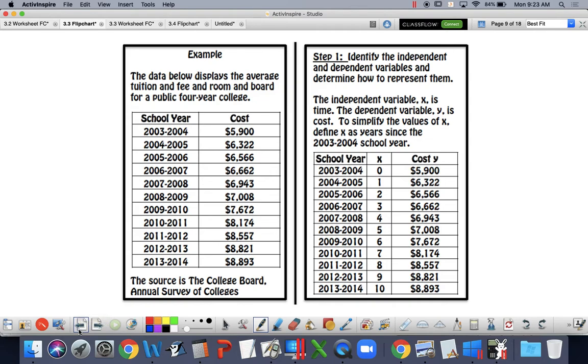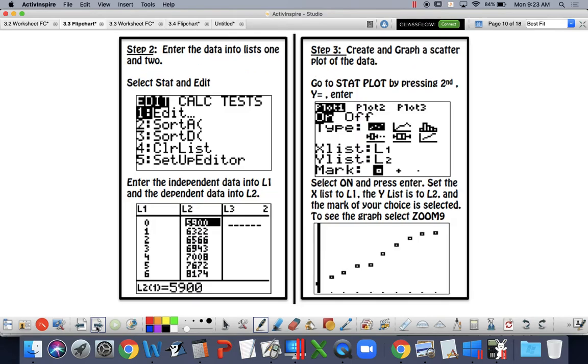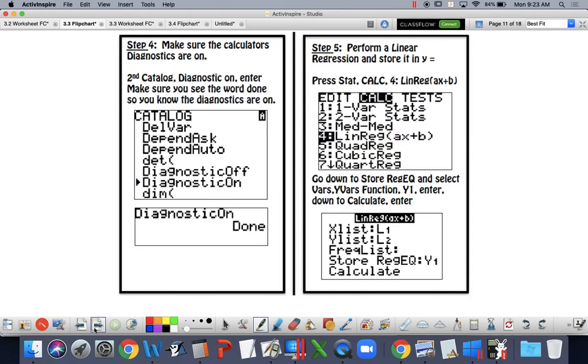We are definitely going to do number 1, where we have to identify what's the x-axis and what's the y-axis. We are definitely going to do number 2. We have to enter the data into our calculator or else we can't analyze it. We are not going to actually graph the scatter plot. If you are interested, the directions are here, but I'm trying to minimize the amount of things we do with our calculator.